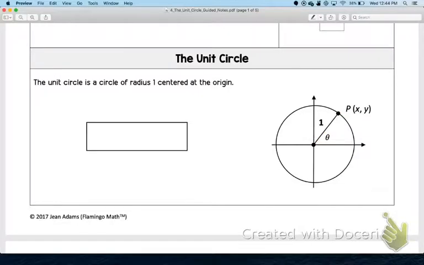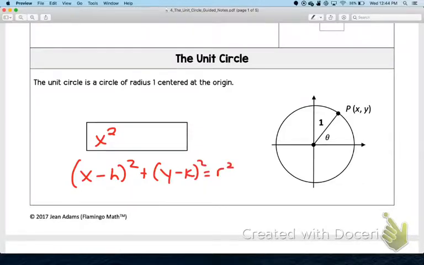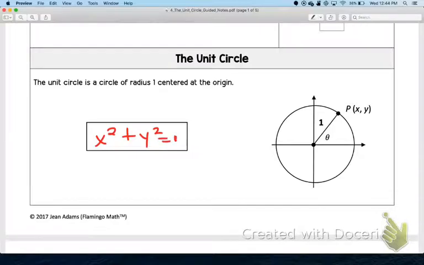So if you guys remember, your equation for a circle is, well, it was, or is, (x minus h) squared plus (y minus k) squared equals r squared. But since the origin is at 0, 0, your h and k go away. So it's just x squared plus y squared equals r squared. Okay, so that's our unit circle.